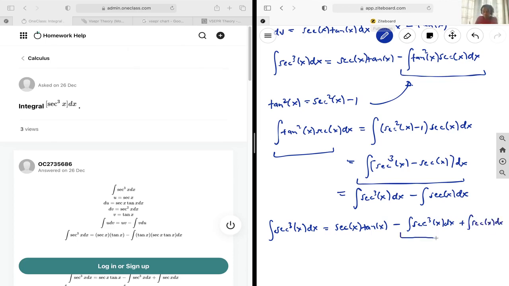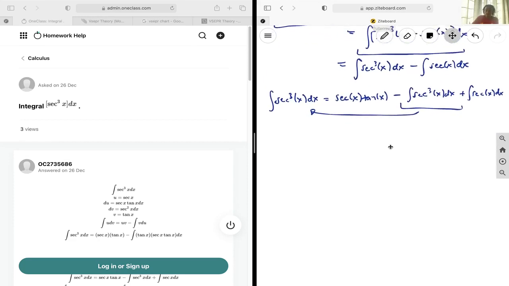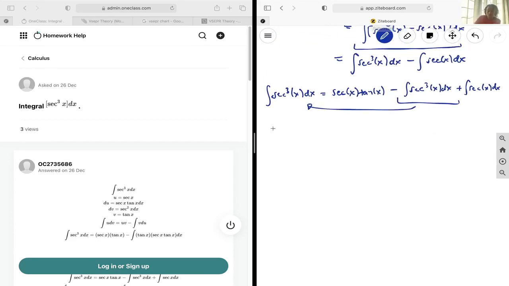We don't know this integral, and it's what we're trying to find, so we're going to bring it over to the other side so we can isolate it. And this will give us 2 multiplied by the integral of secant cubed x dx is equal to secant x tan x plus the integral of secant x dx. So now we need to go about finding this, and then once we add the two, we're going to divide them by 2 in order to find our final answer.